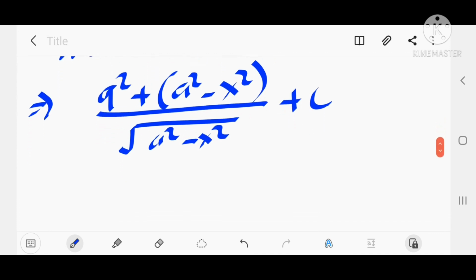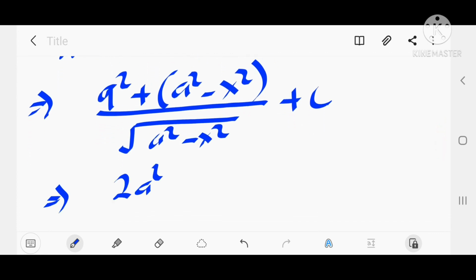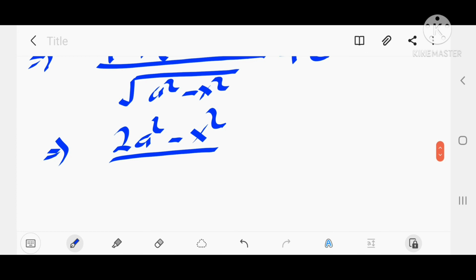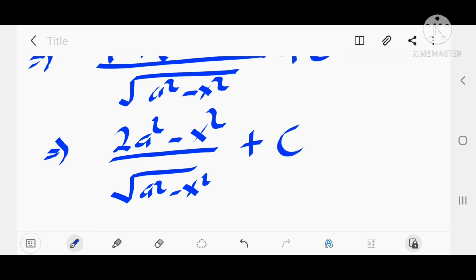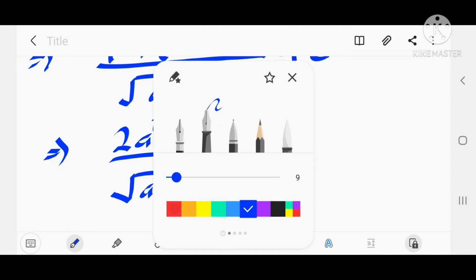This will give us 2a squared minus x squared on the square root of a squared minus x squared, plus c, and this is our final answer.